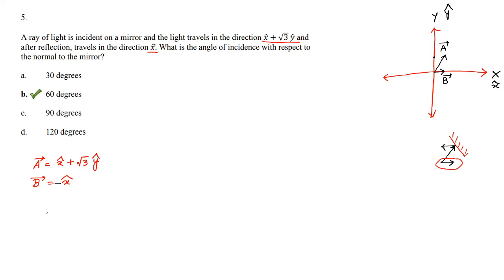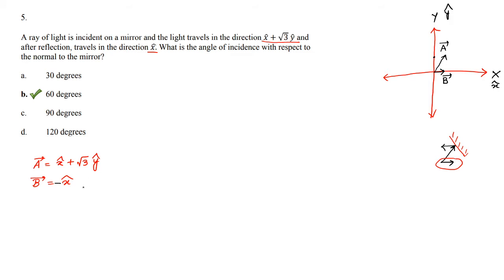This is something given in the question which can create a confusion for you, but you have to analyze the question and understand this clearly. So we have A vector equal x cap plus root 3 y cap and B vector equal minus x cap.